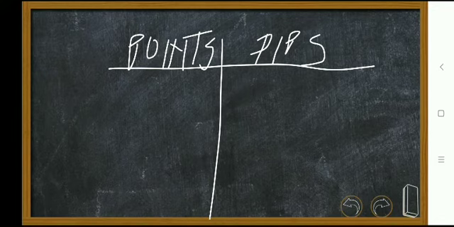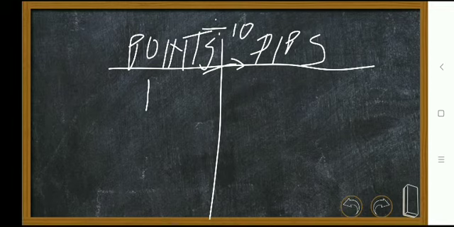It's crucial to know both of these terms. So points, let's see, 1 point. Remember, right now we are dividing by 10 to get to this point. From points to pips, we are dividing by 10, and from pips to points, we'll be multiplying by 10.